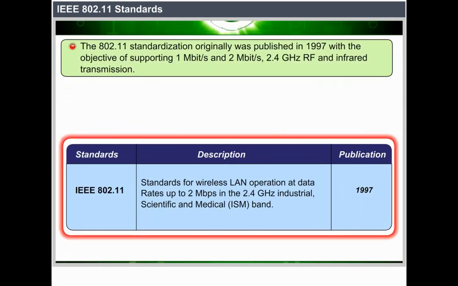The 802.11 standardization was originally published in 1997 with the goal to support 1 megabit per second and 2 megabits per second, 2.4 GHz RF and infrared transmission.